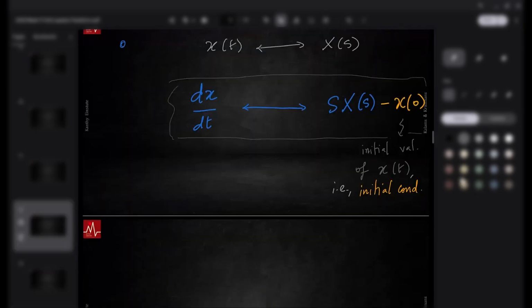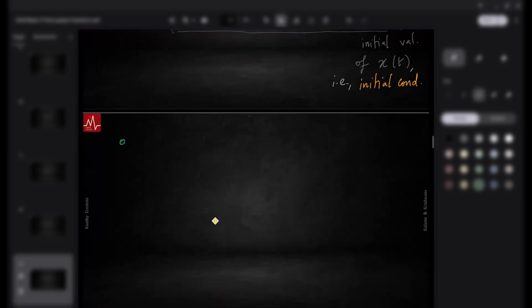We'll learn one more, okay? There are applications, so we are still doing properties. We'll do one more property. Let's see if any of you can answer this. Again, our story is this: x of t transforms to x of s.